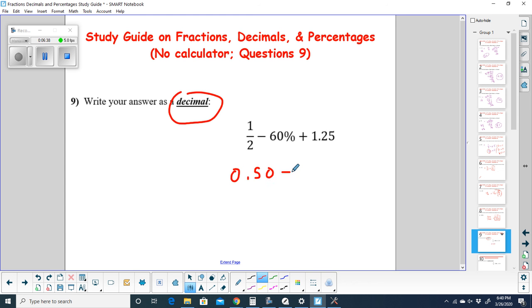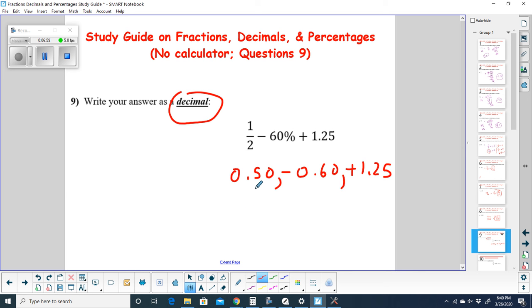60% is negative 0.60. I'm going out 2 decimal places because I see that this one is out 2 decimal places. Plus 1.25. So I have 0.50 and negative 0.60 and 1.25.